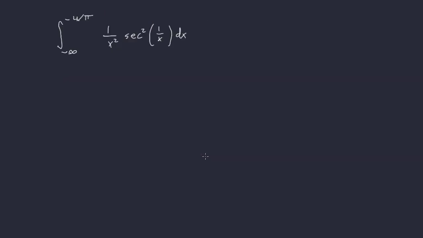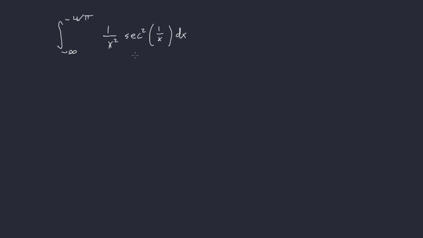All right, so in this example, we're actually doing quite a few things all at once here. We're taking an integral going to negative infinity, so it will work similarly, and this also will involve a u substitution.